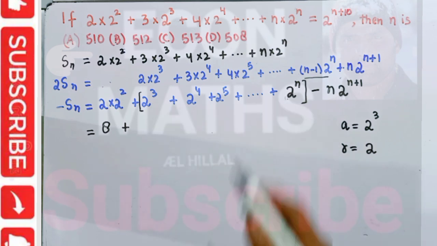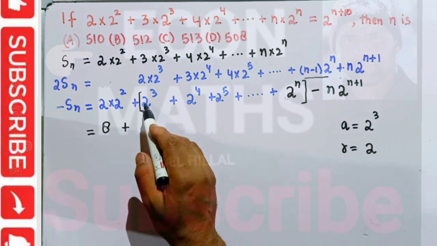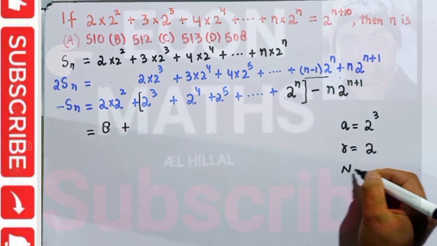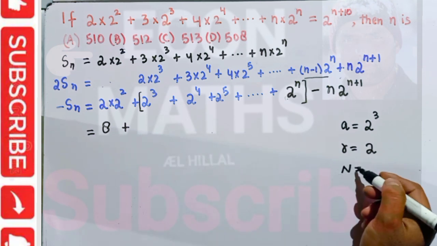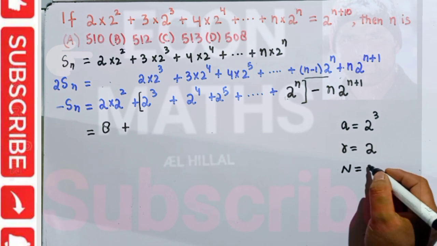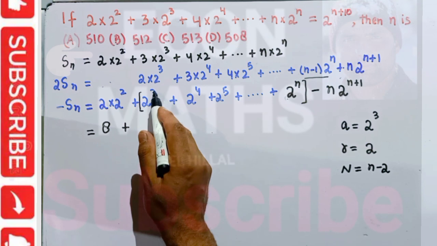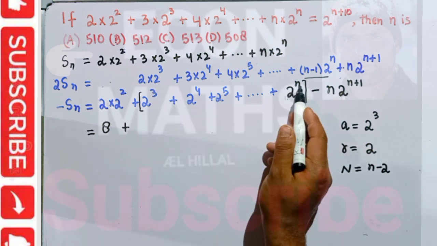And how many terms are here? Since we have 2 cube here, let me write N as capital N, the number of terms will be equal to n minus 2, because the first term starts with 2 cube, and the last term is n.